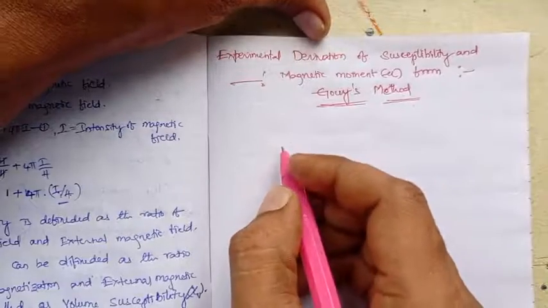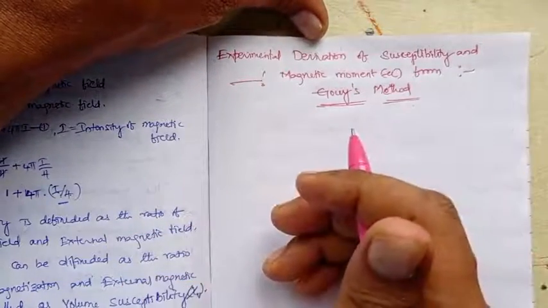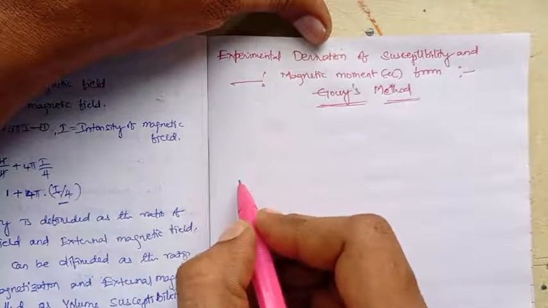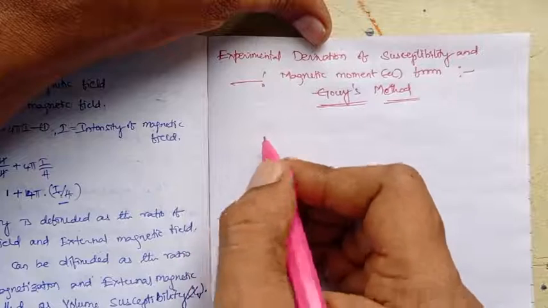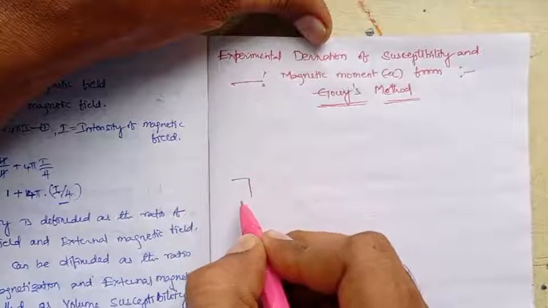Here there is some experimental equipment, right, which has an external magnetic field.